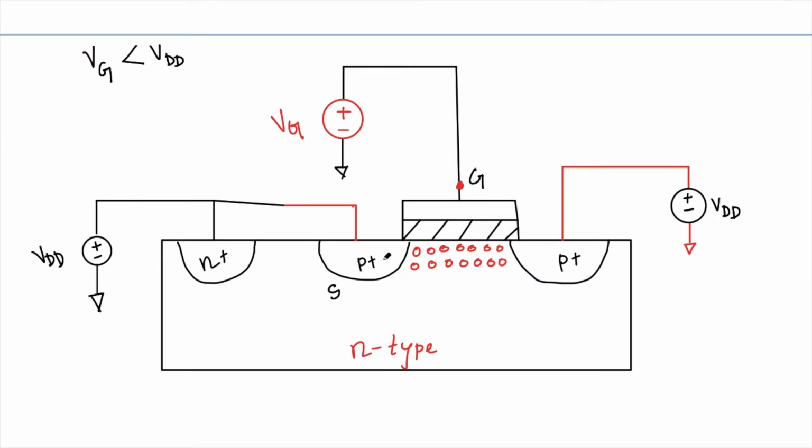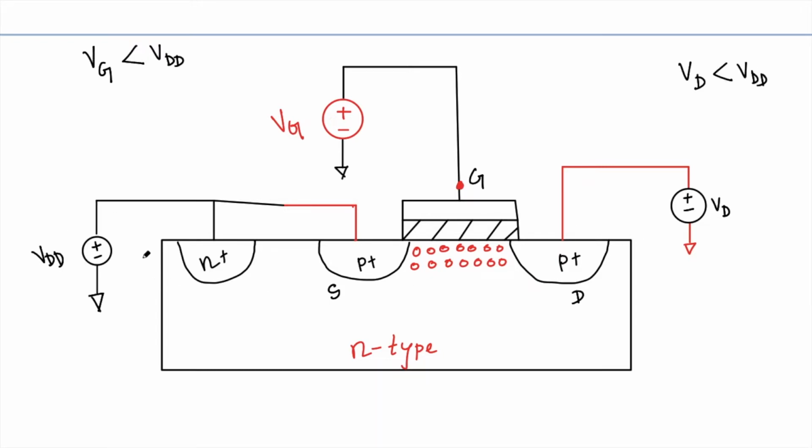Okay, VGS will be negative, so we can call this a drain. Now I want the current to flow in this direction, so I need to apply a potential Vd, and this Vd also will be lesser than Vdd. Okay, it will be lesser.